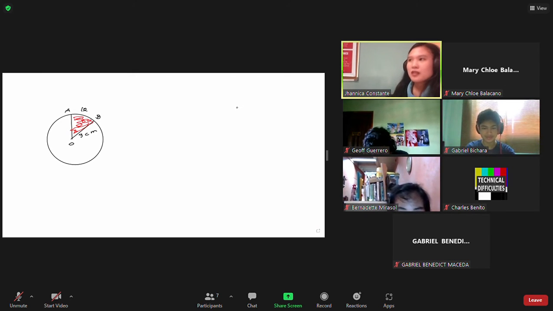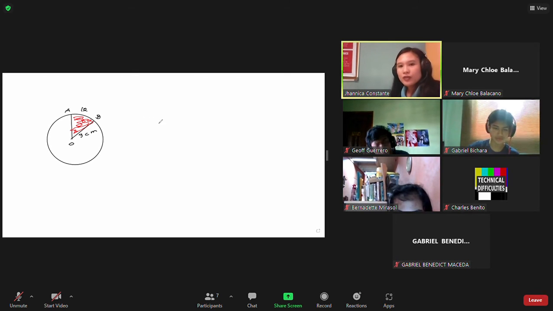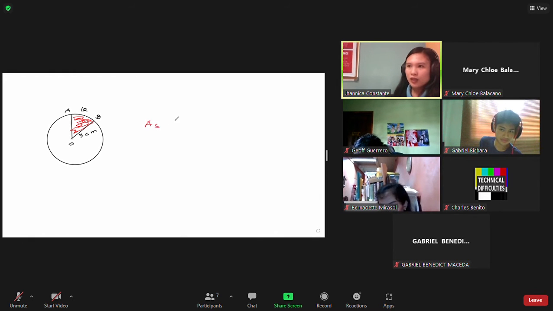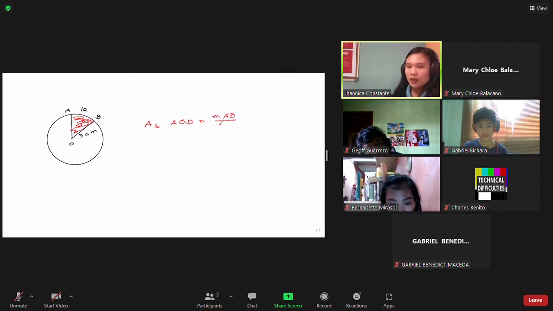Since the given is the measurement of the arc and the radius, we can use our first formula for finding the area of our sector, which is: area of sector AOB equals the measurement of the arc AB divided by 360 times the area of a circle, which is pi r squared.